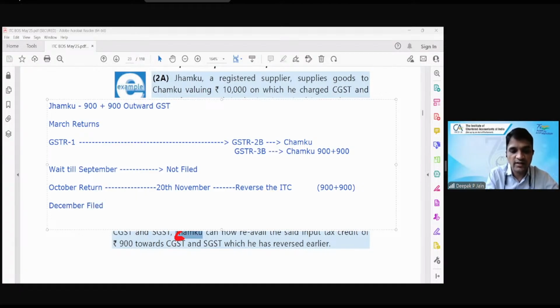In December, he's filed the 3B. So once he files the 3B, then it will appear that yes, he has filed the 3B and Jampu will re-avail the credit. Again, how much? Same value, 900 plus 900.